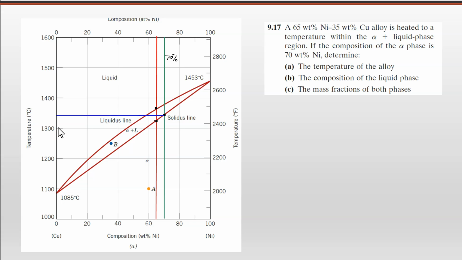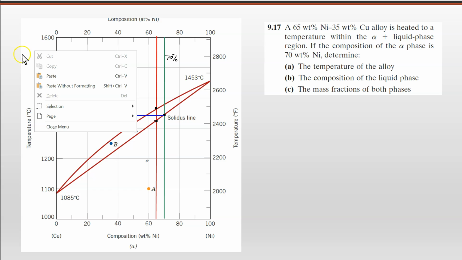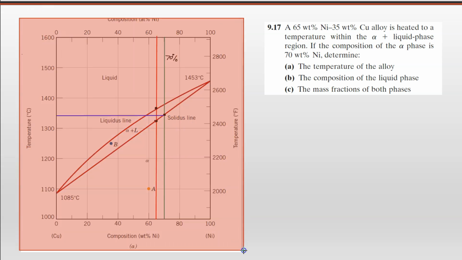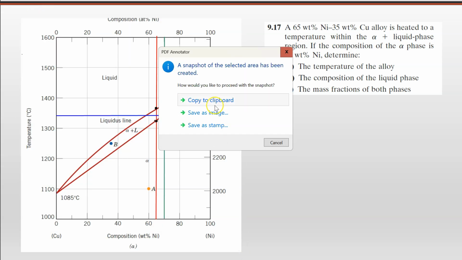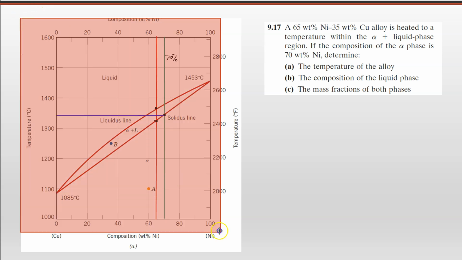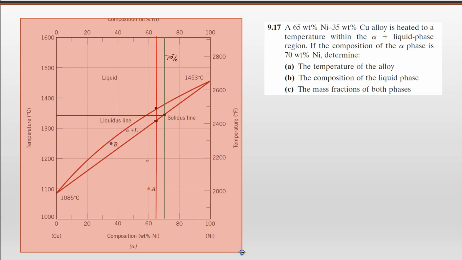If we want more accurate measurements, what I recommend you do is copy this image. In my software, you can actually save it as an image, and this will just speed it up. But in other ones, you can just copy and paste it into Paint.